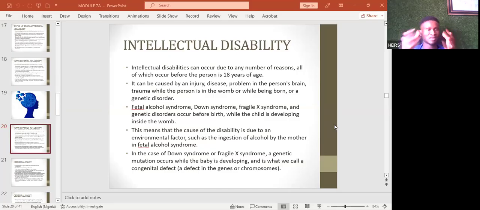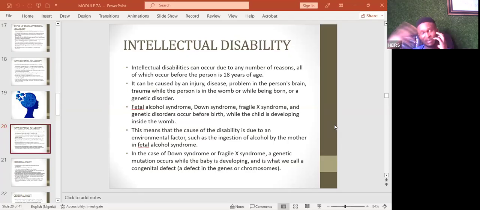For fetal alcohol syndrome, we mean: fetal, the baby in the womb; alcohol, the normal alcohol. Who takes alcohol? The mother. Good. So when the mother is ingesting alcohol, literally alcohol is not good for a pregnant woman. We all know that. But some people are so adamant that they don't care.